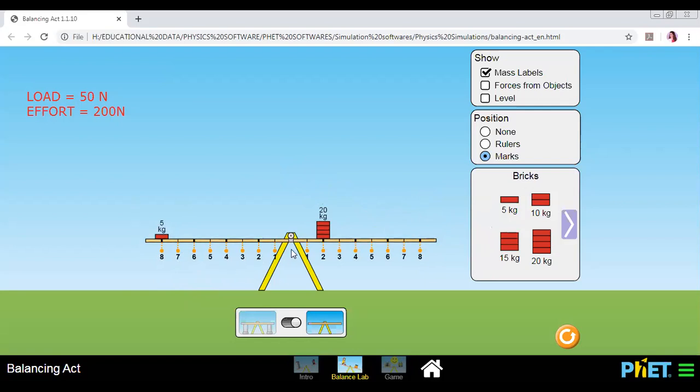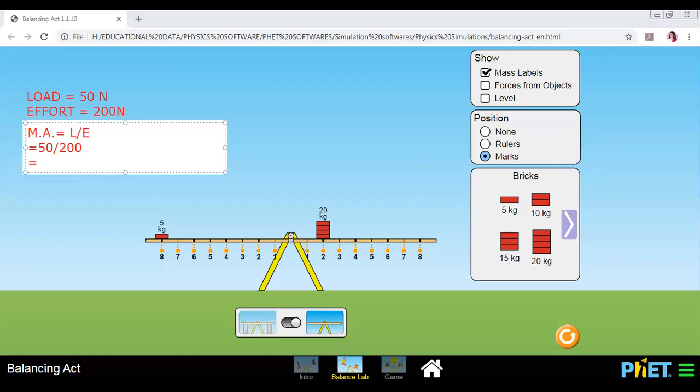So here, if I'm using this mechanism where my load is 50 Newton and effort is 200 Newton, let's find out the MA of this. MA is equal to load upon effort. Okay, so how much is the load? The load is 50. How much is the effort? The effort is 200.